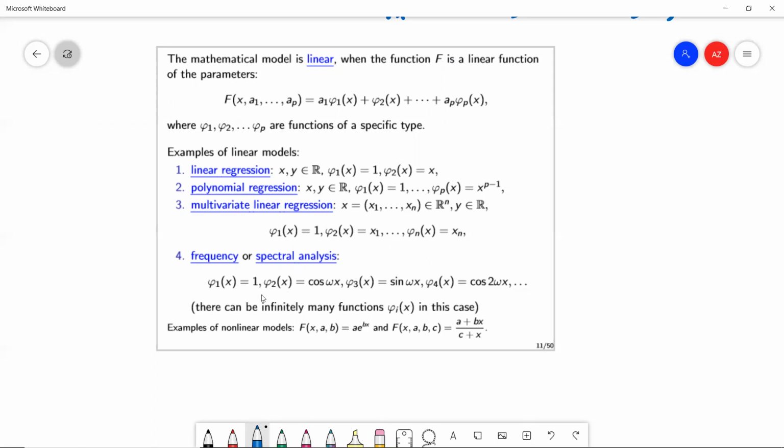But we could also allow more complicated phi's, for example, trigonometric functions, cosine, sine. In this case, we are talking about frequency analysis.